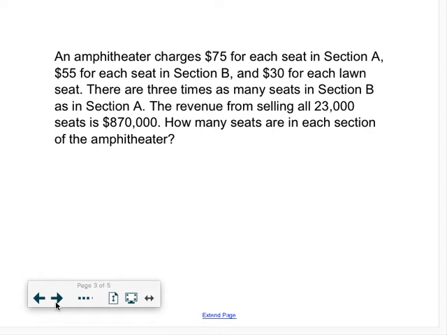There are 3 times as many seats in section B as there are in section A. And the revenue from selling all 23,000 seats is $870,000. And the big question is how many seats are in each section at the amphitheater.